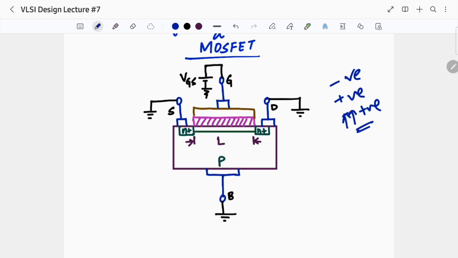Now at this point, when we have kept increasing our VGS in a positive way, the electrons from the substrate and the electrons from the N plus pockets have come to the surface of the substrate and occupied this place, and because of that, the surface of the substrate inverted.